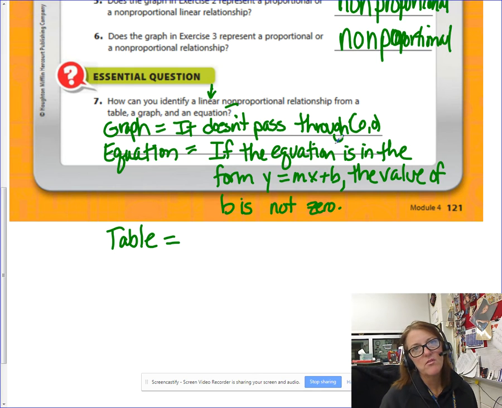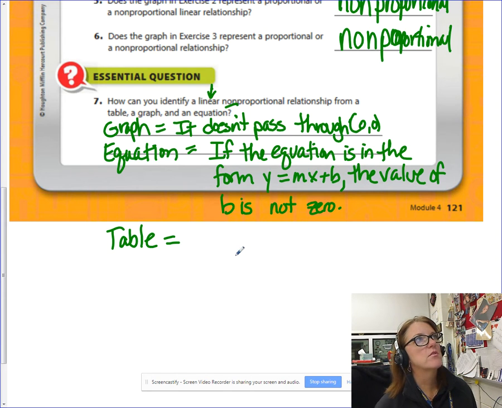So maybe they're assuming you've already determined it's linear. Do you remember how we did that the other day looking at the examples? To determine if it's linear, you need to find the slope between every interval or every set of points. And if you can verify that it has the same exact slope between these two ordered pairs, these ordered pairs, these ordered pairs, then it's a line.